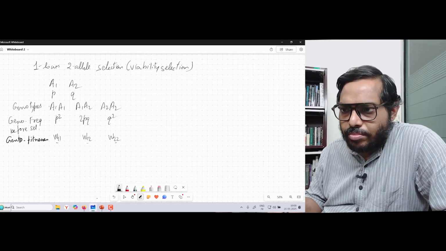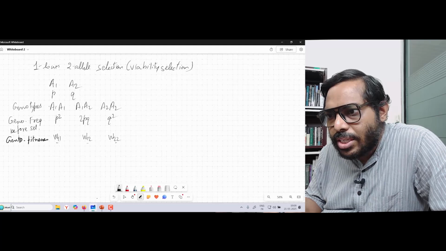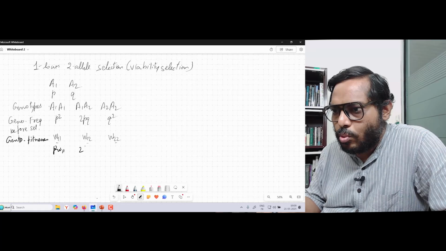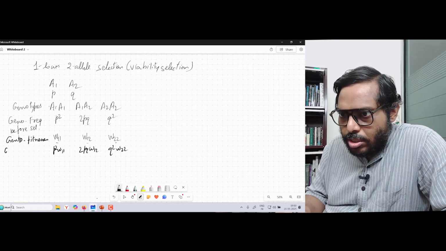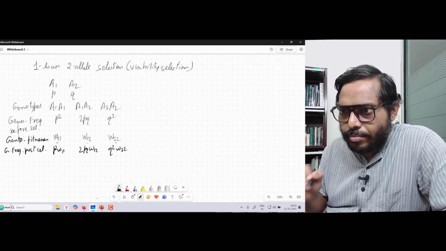Now, if this be the case, what are the frequencies after selection? After selection, the frequencies are P square W11, 2PQ W12 and Q square W22, right? So these are genotypic frequencies post selection.